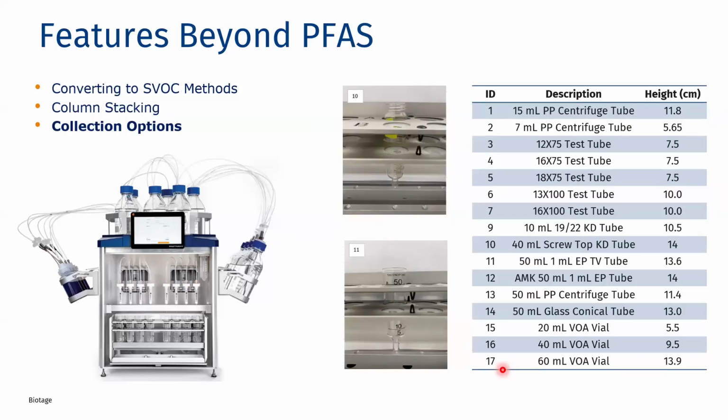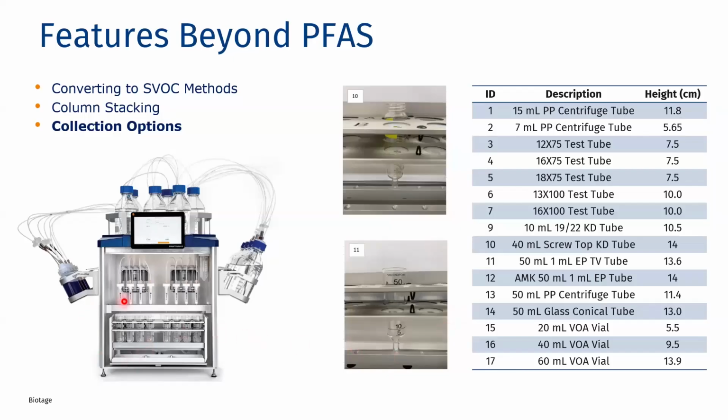So last but not least, the collection options I think are really what sets the Prep Expert 8 apart and allows it to be very useful for applications beyond PFAS. Being able to collect in different types of vials, especially when you're doing inline drying, is very useful.